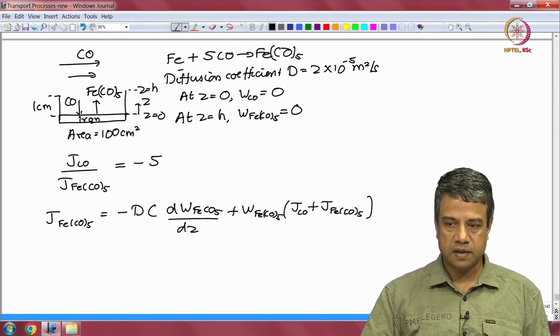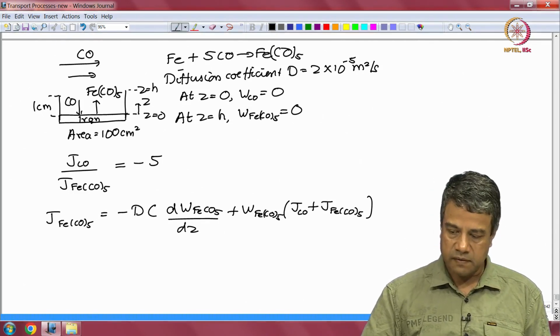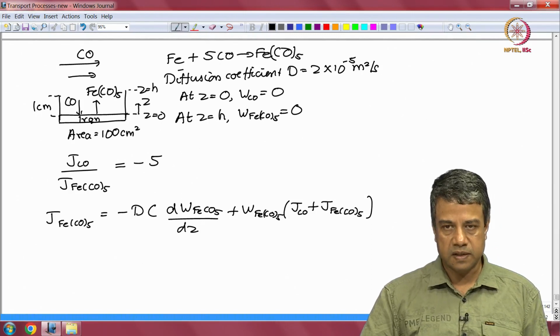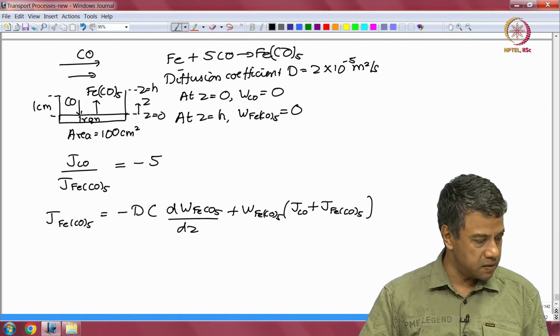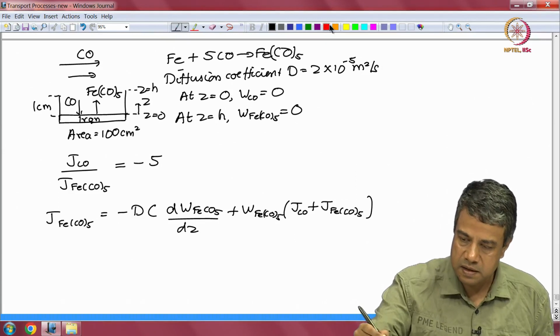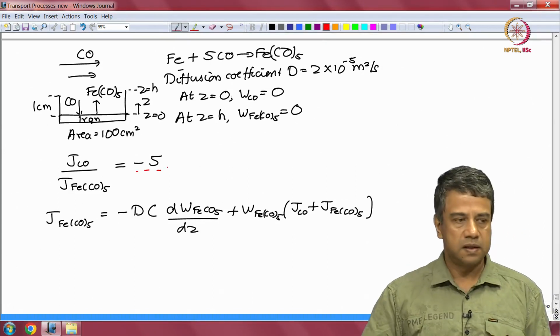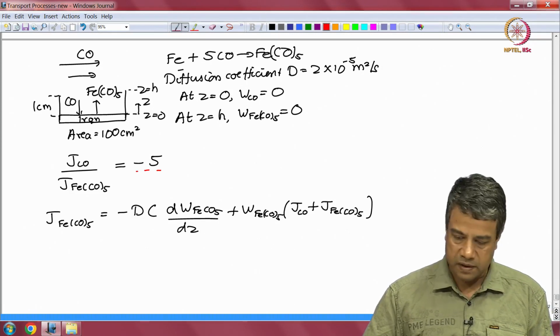The molar average velocity is the molar fluxes divided by the concentration, and I have written the concentration of FeCO5 as the mole fraction times the total concentration. So, this is the equation, but we have this relationship here, and therefore, we can get a relation between J_FeCO5 and J_CO.